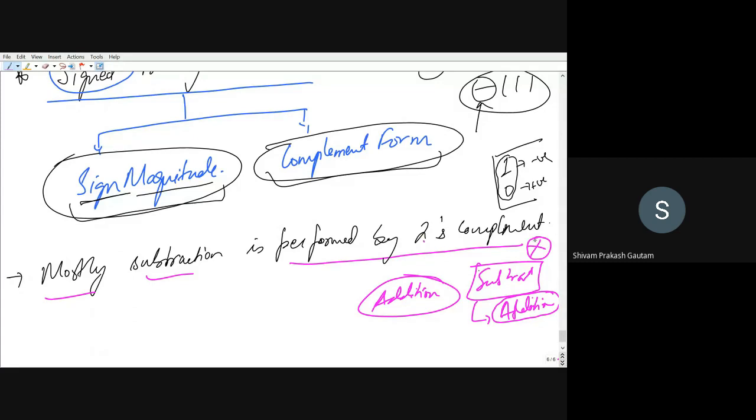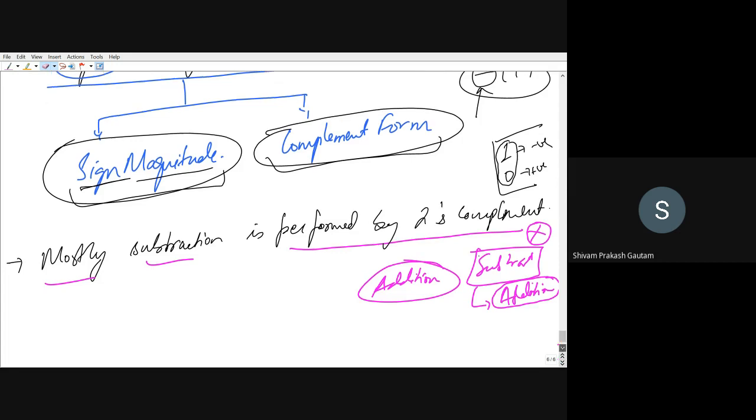This is the prime motive of any engineer: whatever is present in the world today, you have to make that machine better in terms of performance as well as cost and size. This is where engineering comes in, right?